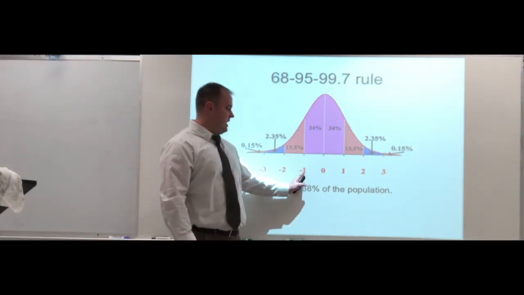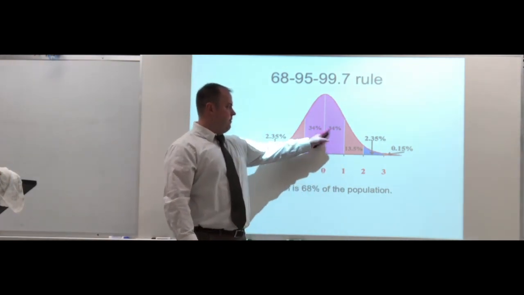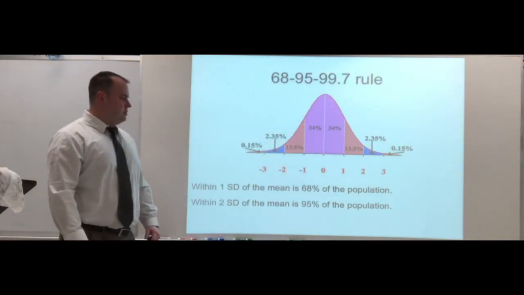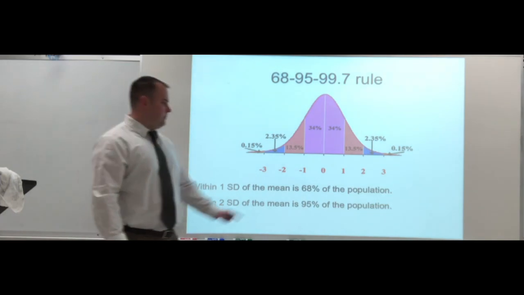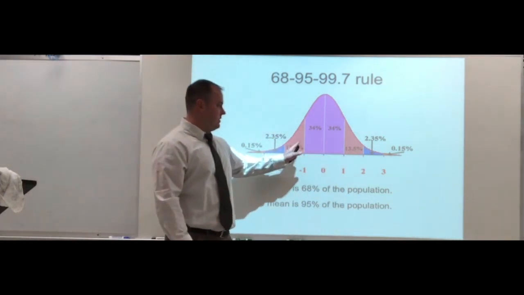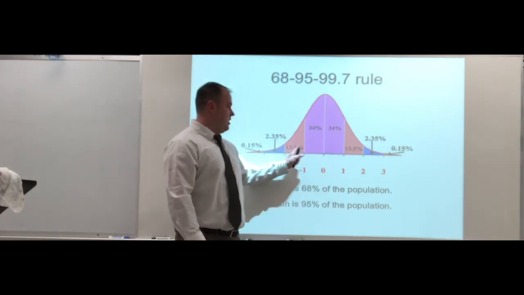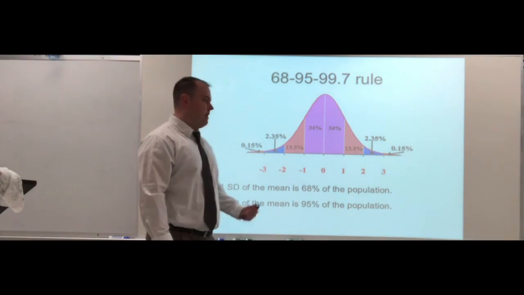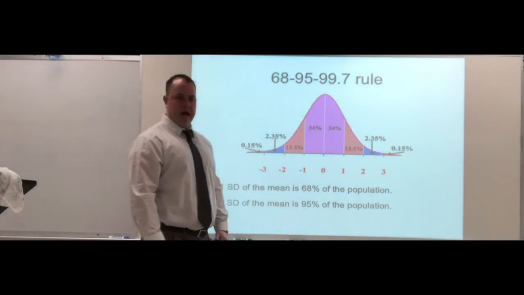Well, -1 to 1, 34 and 34 adds up to 68%. 2 standard deviations is 95%. So here's our -2, here's our +2. That represents all 4 of those sections: 13.5, 34, 34, 13.5. Add all those up and you get 95%.